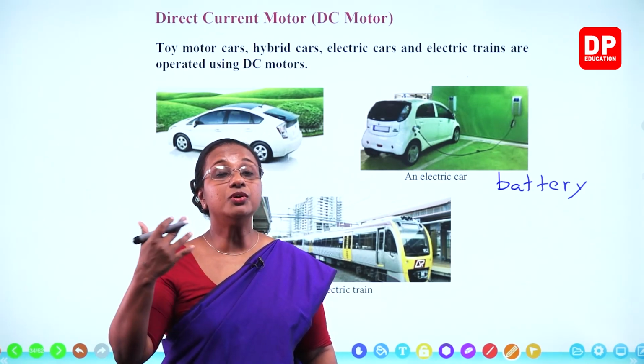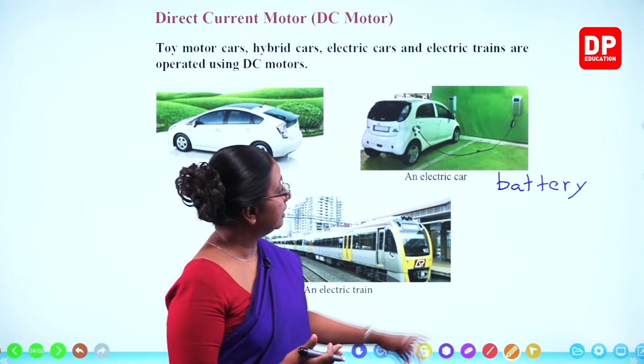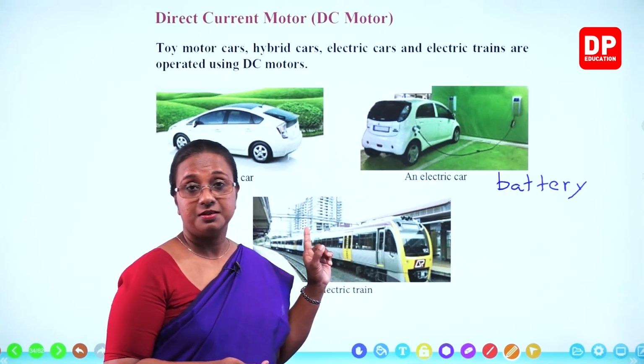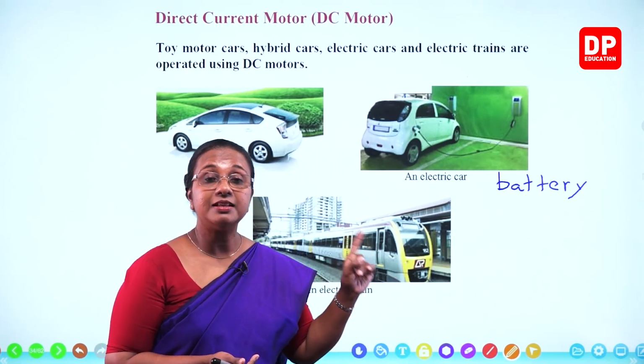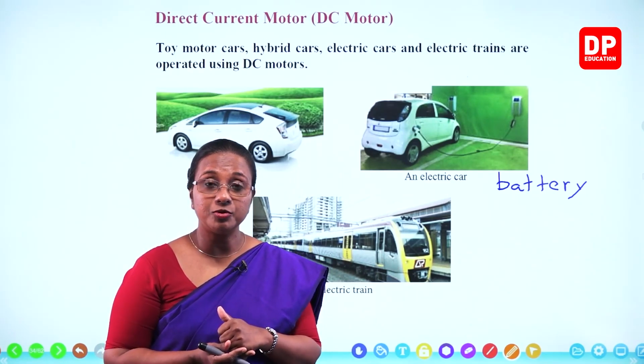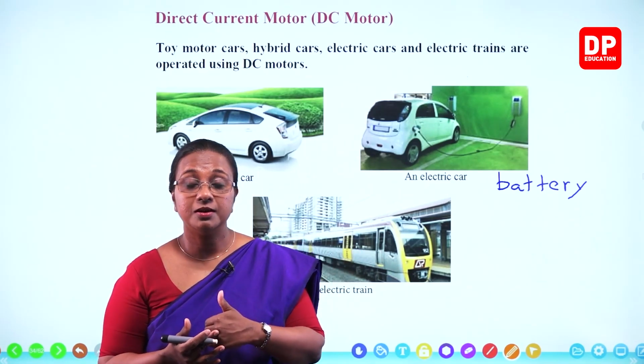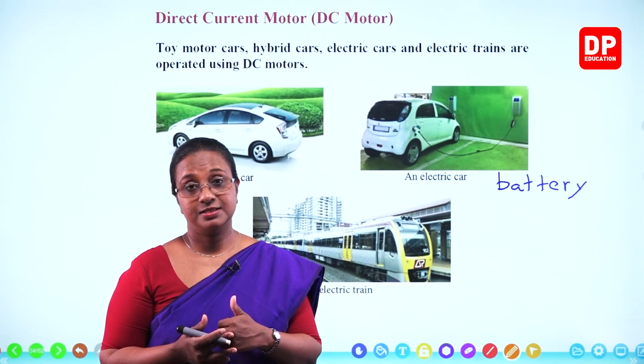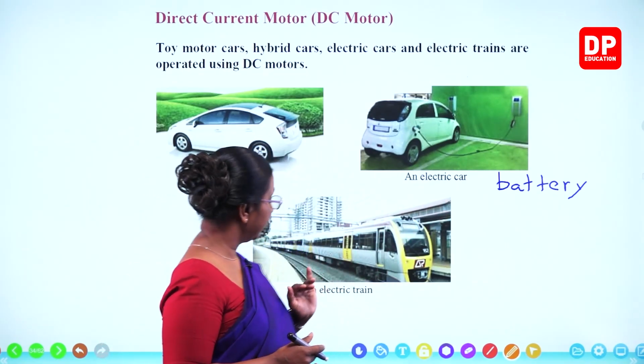So, the wheel is driven by the power of the battery because there is a direct current motor connected. Battery is connected to the direct current motor. The direct current motor drives the wheels. So, that is an electric car.